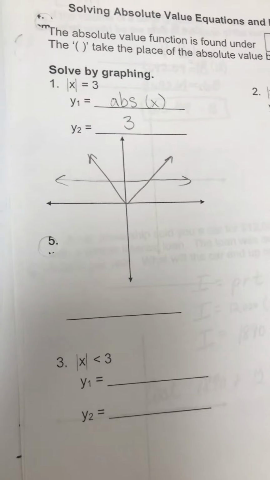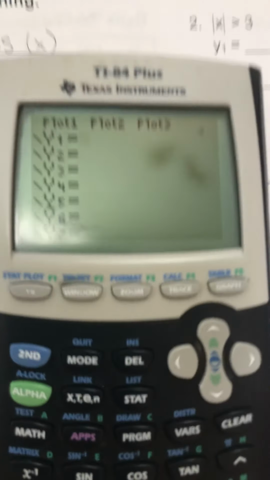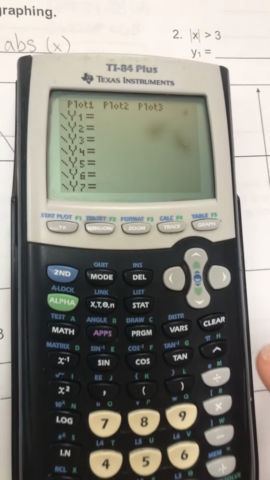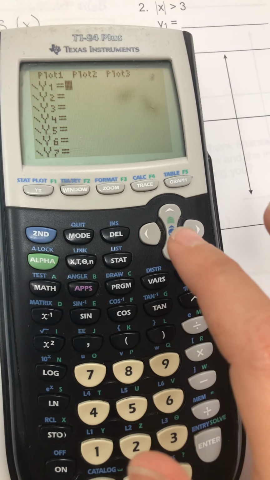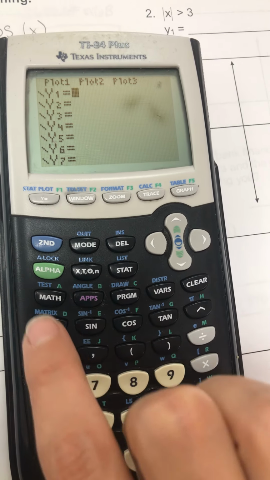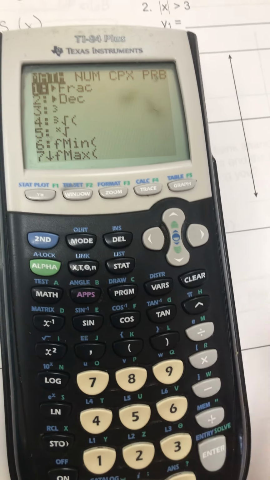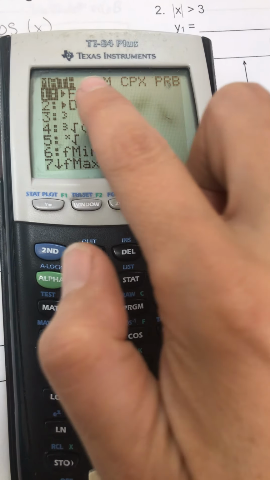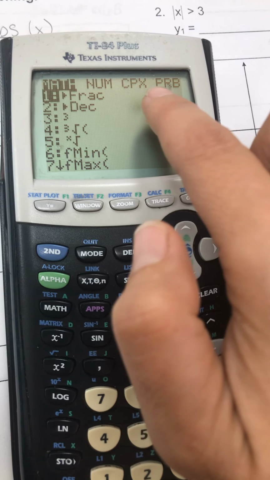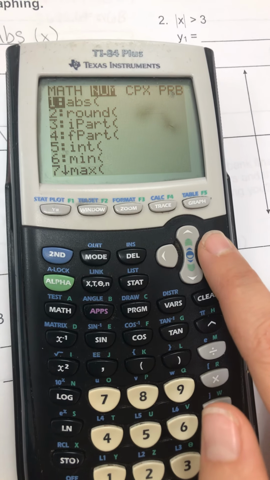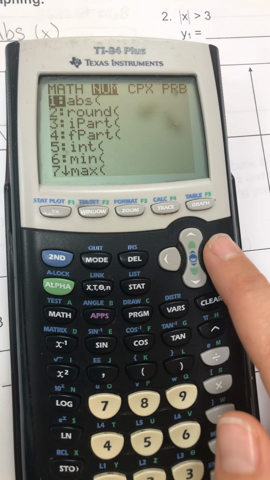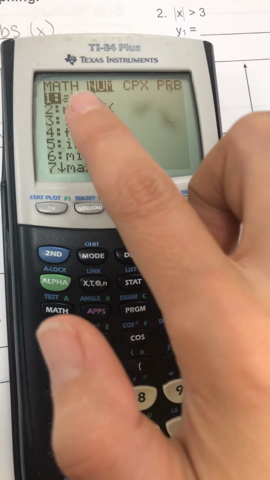Let's look at it on my calculator. I'm going to hit absolute value. So what did it say? Go to math, the math button right here. Now you see at the top: math, num, CPX, and PRB. You're going to tab over to the NUM, and the absolute value is number 1.